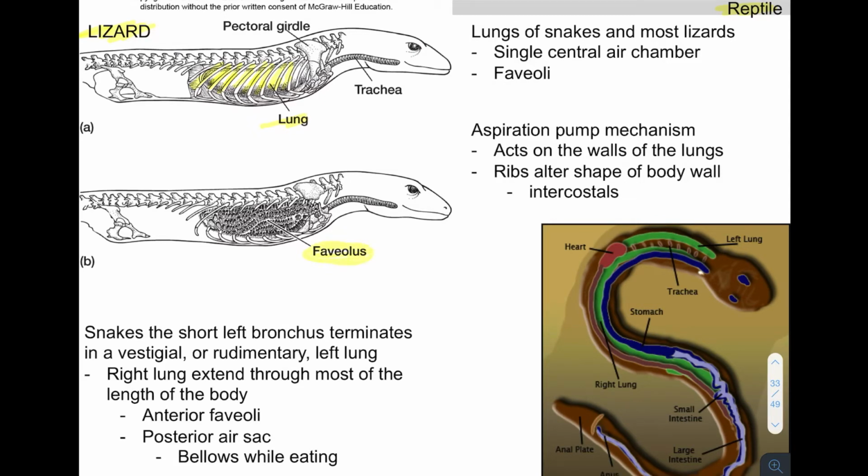And the difference between a faveolus and an alveolus is that faveoli are kind of like a honeycomb network, where basically the lung allows for air to come into the center of the lung, and then the air is going to permeate the entire lung, one faveolus at a time, and is going to go through all of them. And then within the faveoli, you'll have respiratory tissues of capillaries that can extract the oxygen from that air.